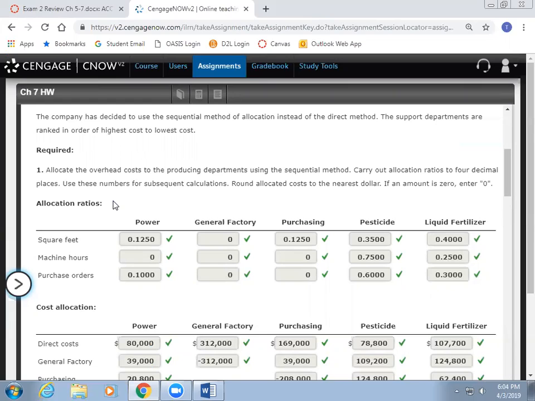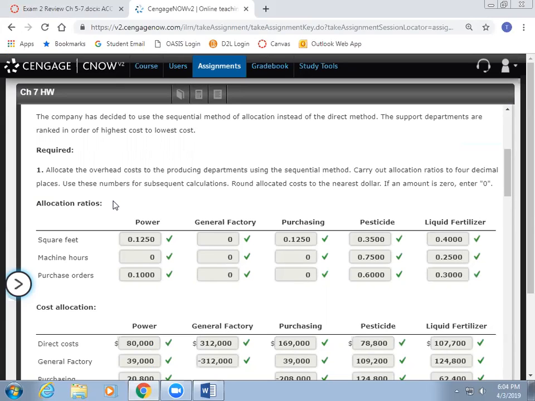So it would just be based on those 3 purchase order amounts. And then your last one, power, doesn't get applied to any of the support because they've already been allocated. So then power, you would just look at pesticide and fertilizer. Does that help? Yes. Okay.